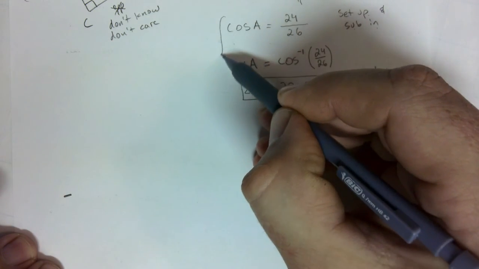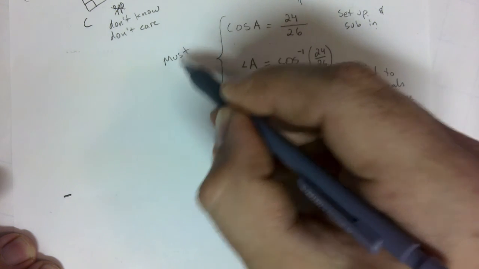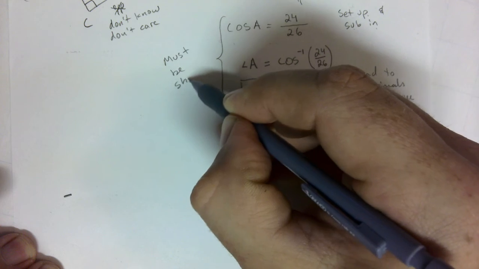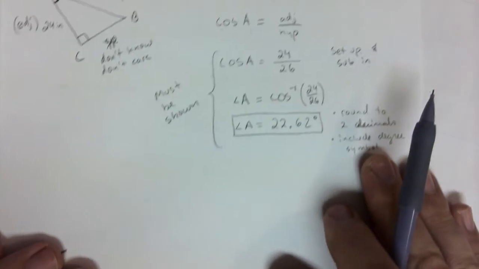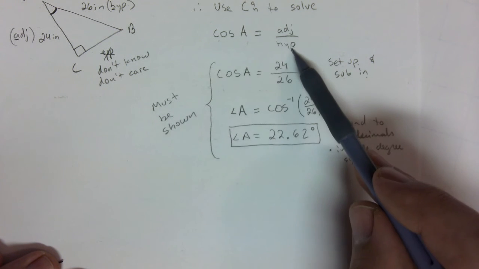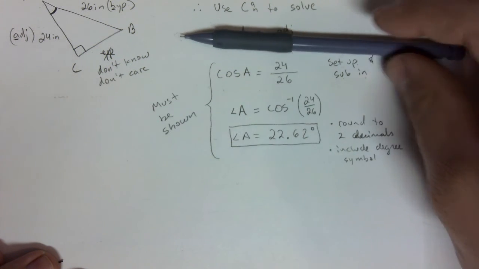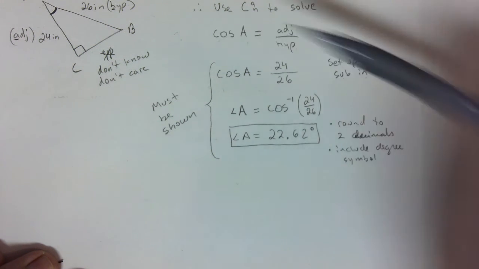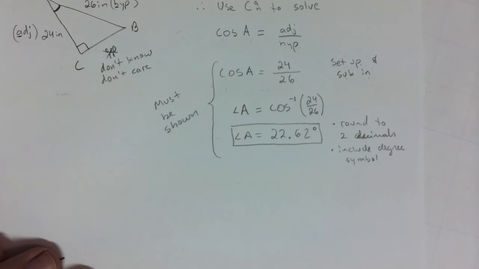This part here must be shown. You can get away without showing this first part, like the actual trig ratio and how you set it up. It's basically the formula. You can skip that part, but I need to see these 3 steps here. Okay, so if you want to get full marks, you have to have that there.